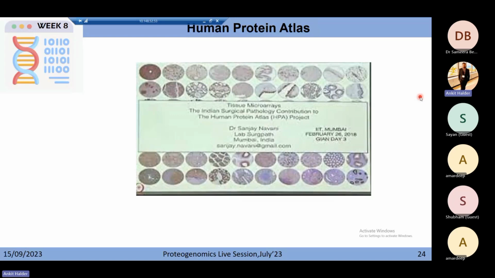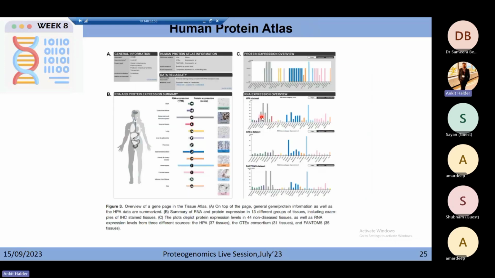This helped in building this atlas, which is helping researchers for better understanding. So here you can see the tissue microarrays and the Indian surgical pathology contribution to the Human Protein Atlas project, and how well documented it is, and it gives you an exact overview of how we want to look into it.